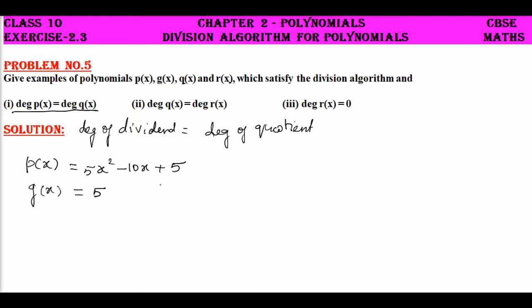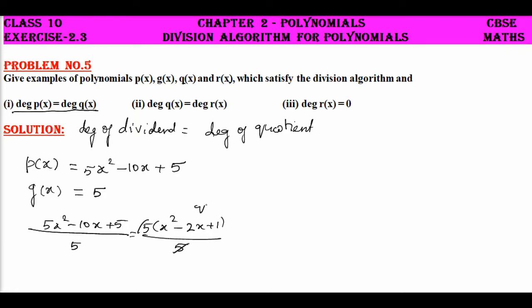Okay, so when I divide p(x) by g(x), you need not go for long division itself. You can divide here itself: 5x square minus 10x plus 5 divided by 5. You can take 5 common outside from the numerator, so it is 5 times x square minus 2x plus 1, divided by 5, which gets cancelled.